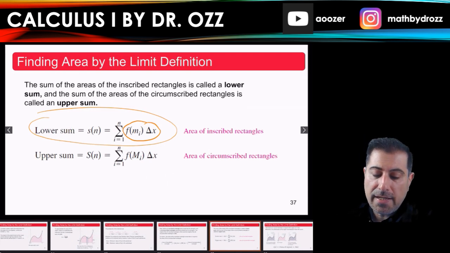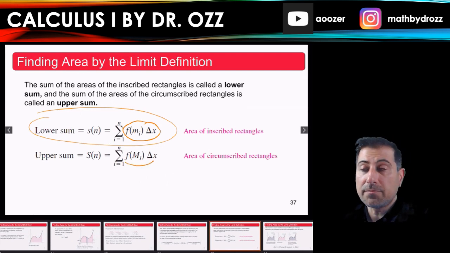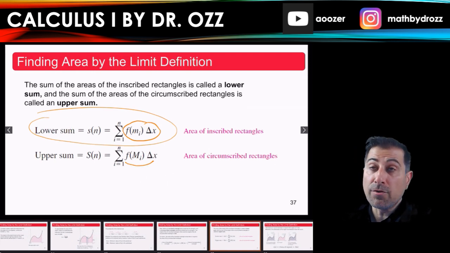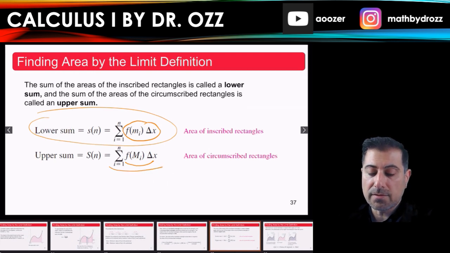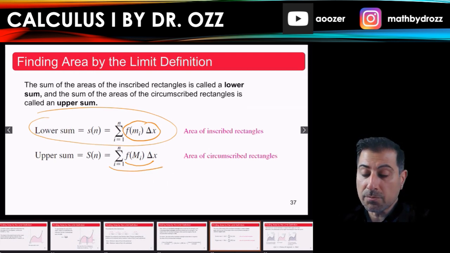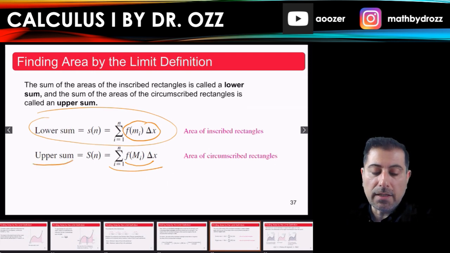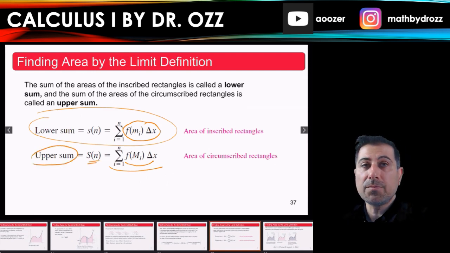And also we have the area of the circumscribed rectangle of the ith subinterval, so we have n of them. This sum here represents the area of the circumscribed rectangles. I call it the upper sum and represent it by capital S of n.